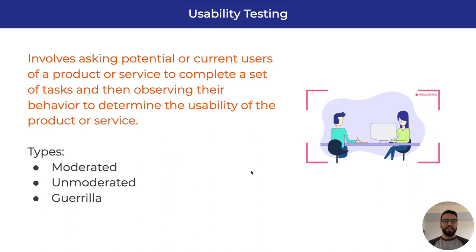Just like in moderated tests, users are encouraged to speak their thoughts out loud, even though there's no facilitator to ask follow-up questions. Unmoderated tests are available through a bunch of different online sites, like usertesting.com and many others, and can be significantly cheaper than moderated tests.